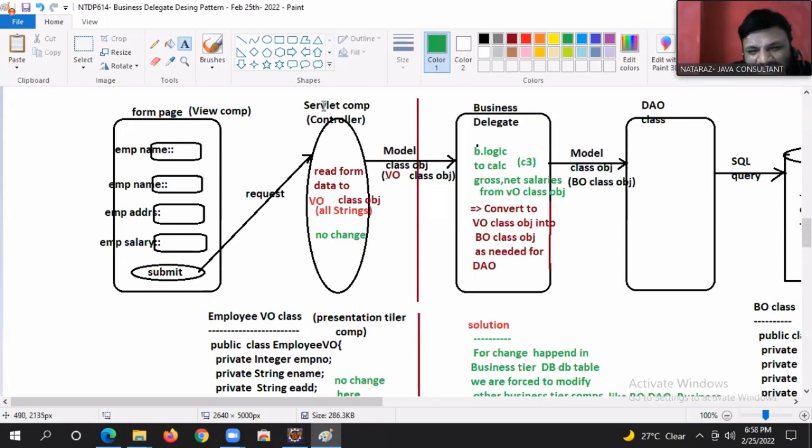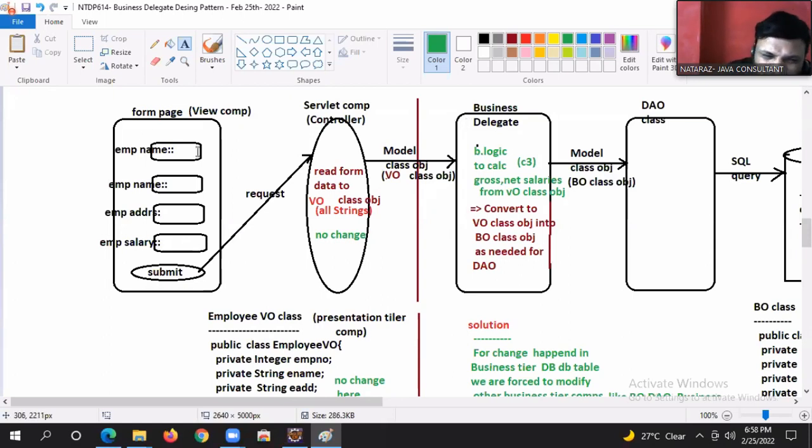So is there any disturbance to presentation tier components, guys? A small modification comes in the business tier. Accordingly, everything changes at the business tier.